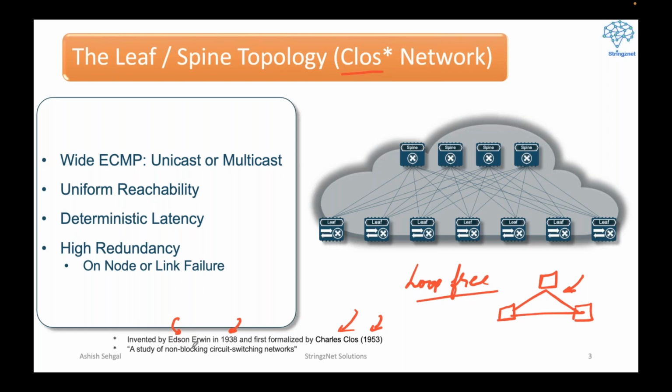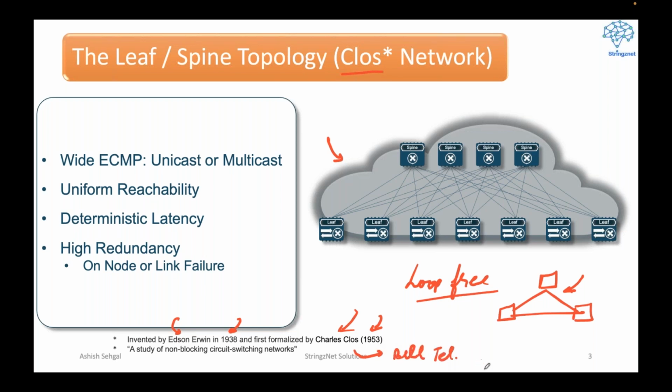But do you see, this is the old and legendary architecture created way back in 1938 by Edson Erwin, later formalized by Charles Clos in 1953 and adopted by Bell Telephone Company.